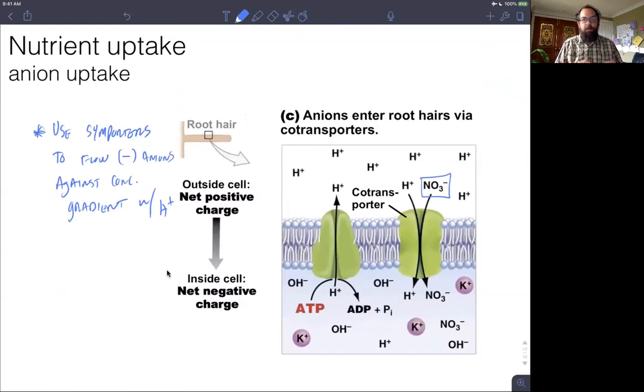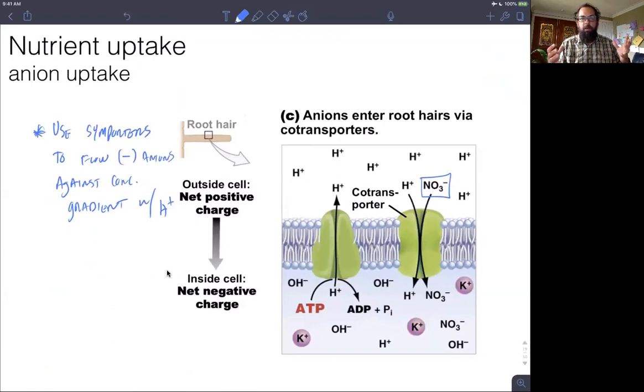So this is all great, but one of the things that is important to recognize is that these nutrients, these ions, the cations and anions, the nitrates, the phosphates, the potassium, calcium, etc., all those essential nutrients are really diffuse in the soil.